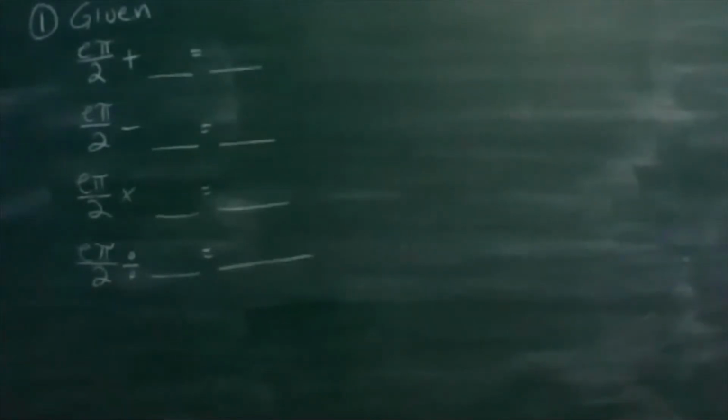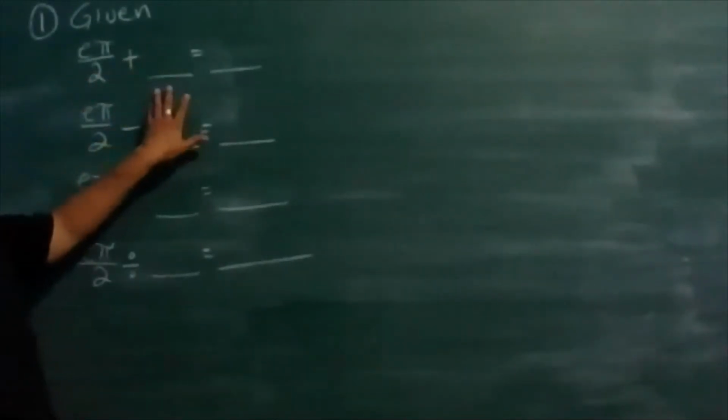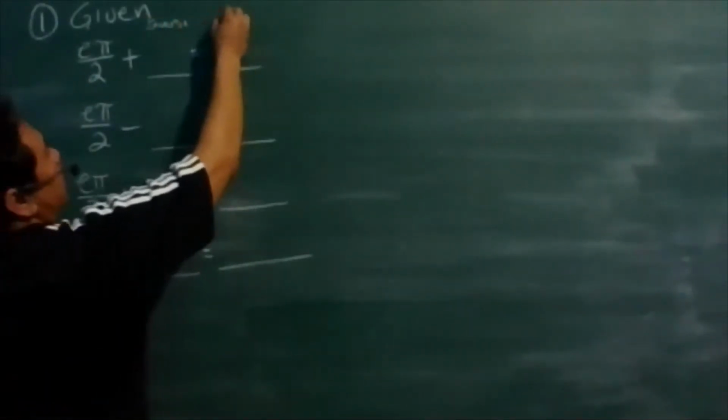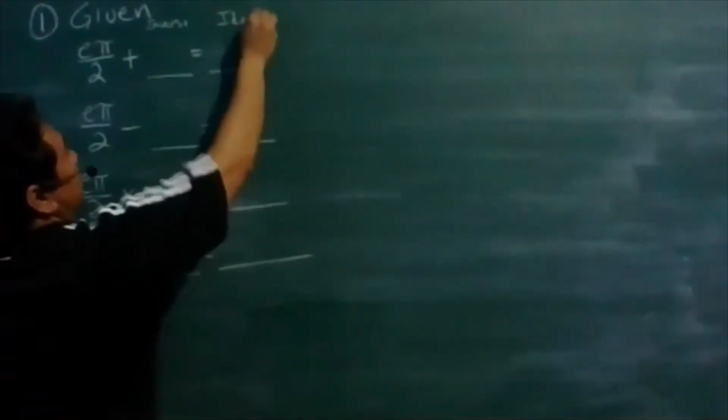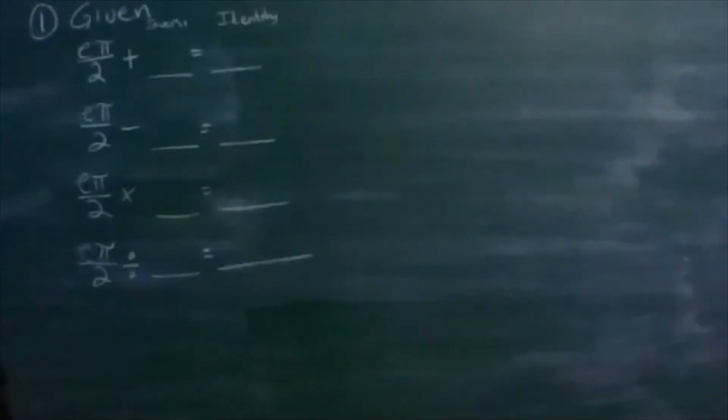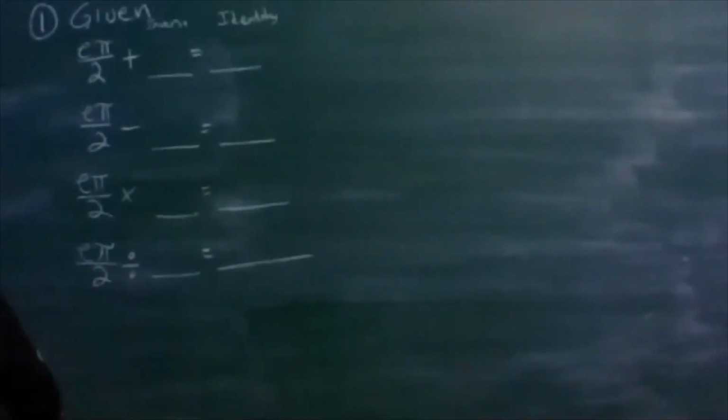In question one, e pi over 2, I must add it to something, some inverse value that will equal the identity of the operation. So let's begin filling the last column first. The identity of addition is, anybody remembers?